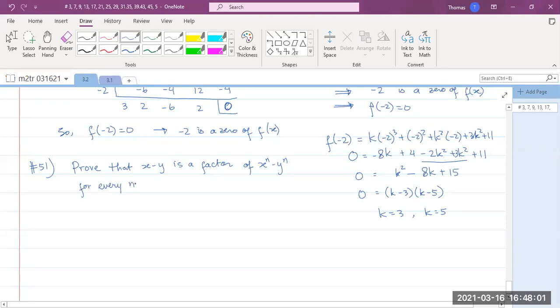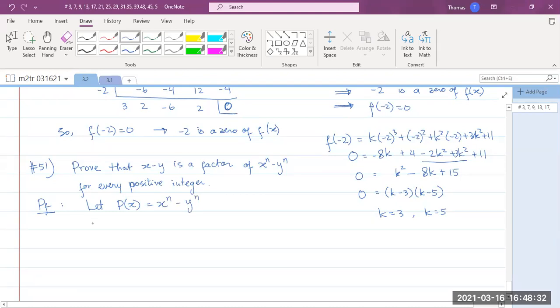To be more precise, n positive integer. How do we prove that statement? We define a function first, define a polynomial. Let p of x be x to the n minus y to the n.